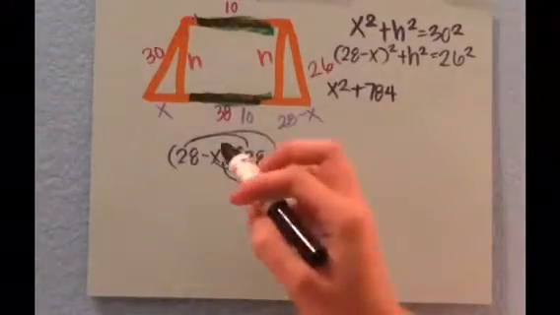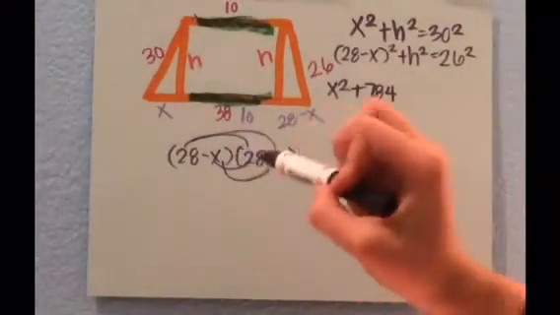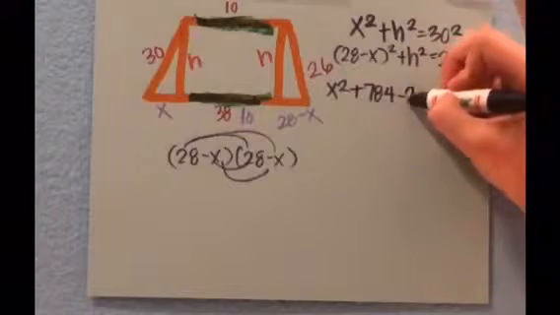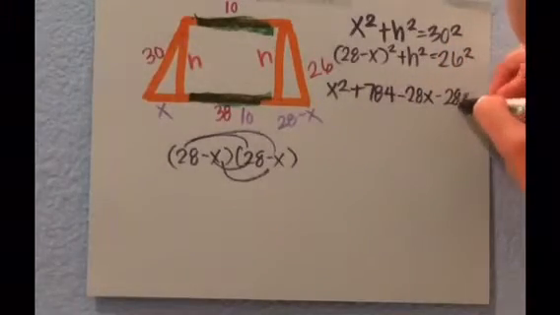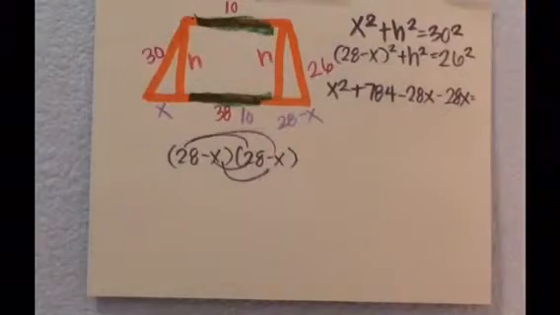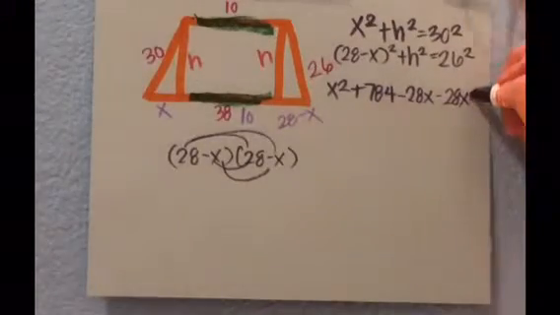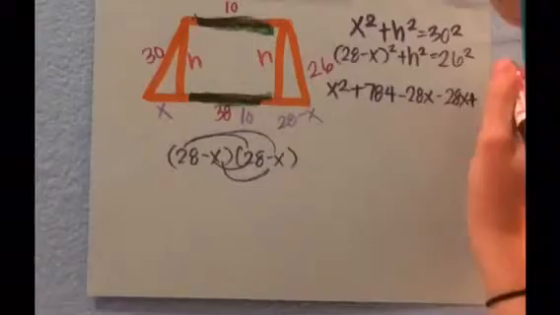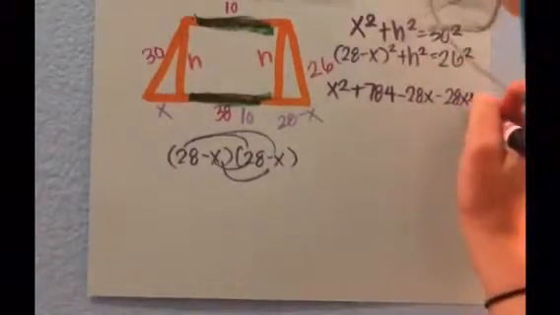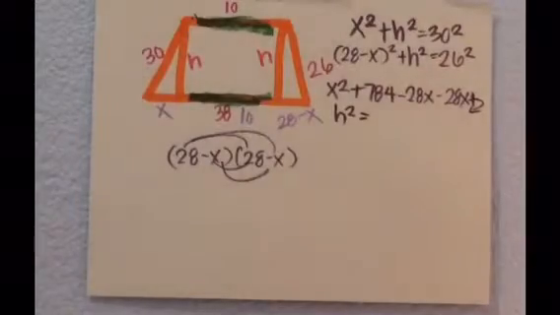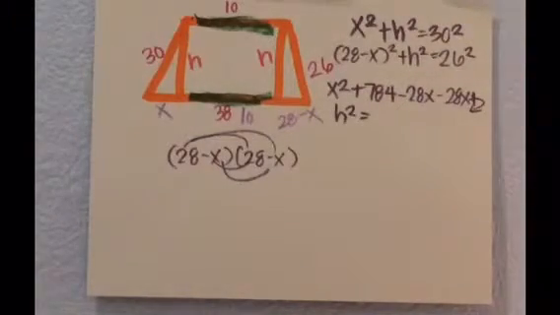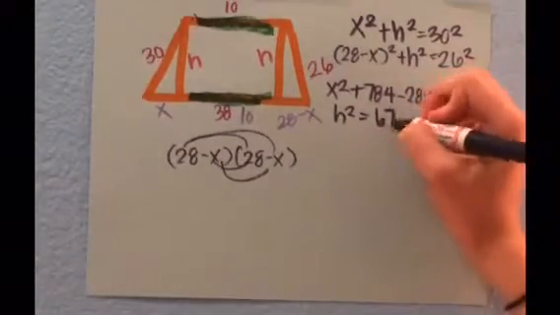And then we have 28 times negative x, which gives us negative 28x. And we have another one of those, so negative 28x. And then we have plus h squared, equals 26 times 26, which gives us 676.